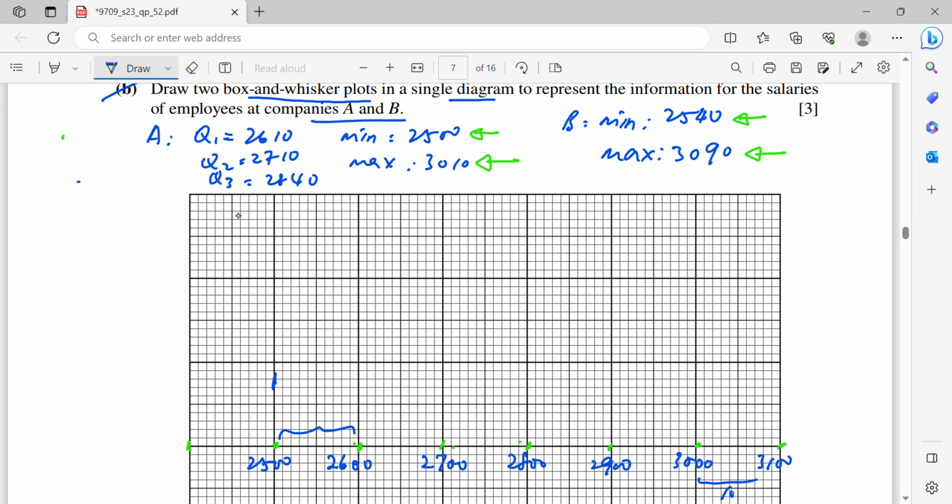If the width here is 100 and there are 10 squares, each square is 10 units, or $10. So 3010 will be one square after the 3000.